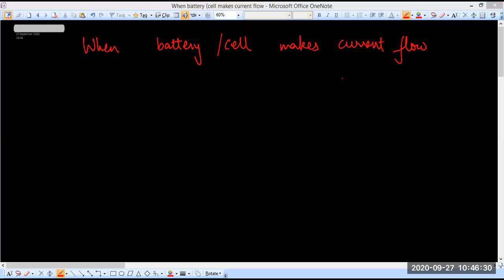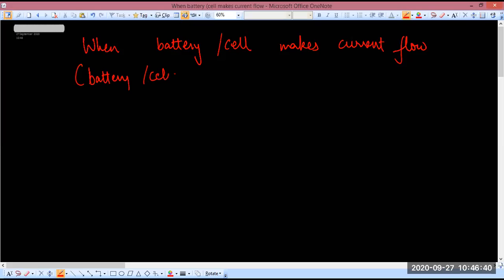When battery or cell makes current flow, that is battery is discharging. Okay, that is battery or cell is discharging. That is used. Okay, you are using it. At that time, V is equal to epsilon minus IR is correct. There's no doubt about that.